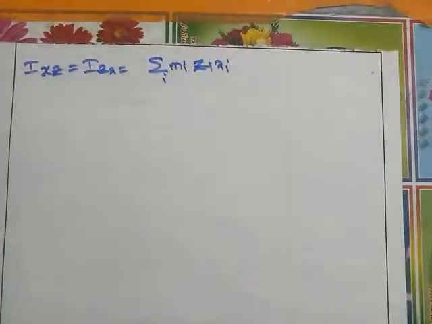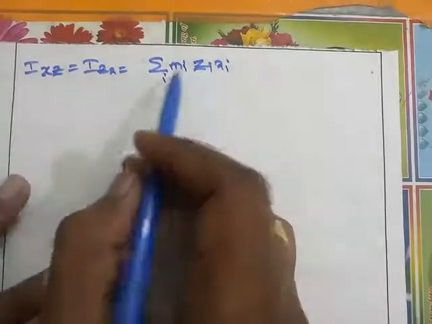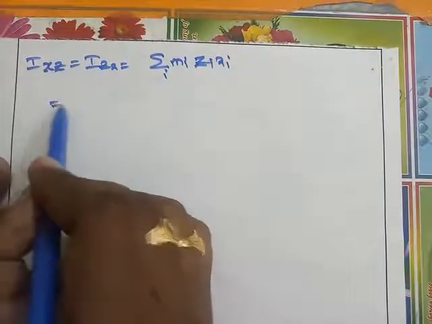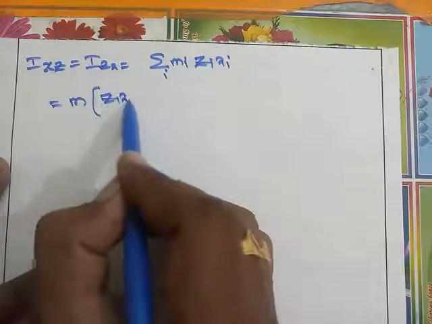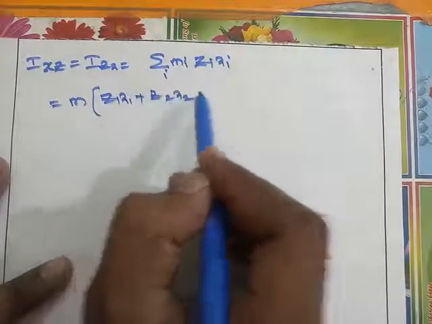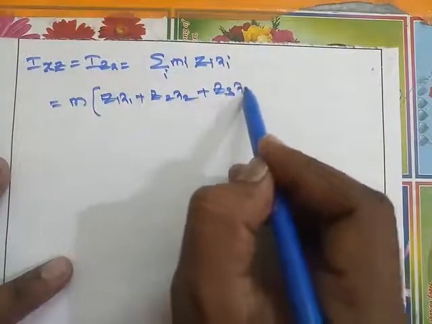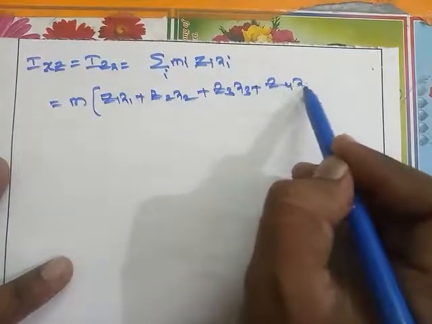Okay, zi xi. Now substitute, expand this function and take m common, then we'll have z1 x1 plus z2 x2 plus z3 x3 plus z4 x4.